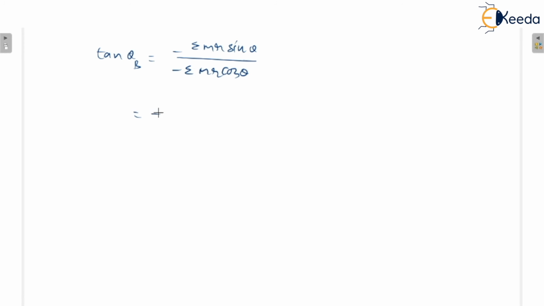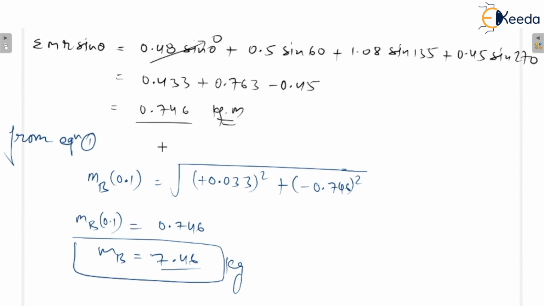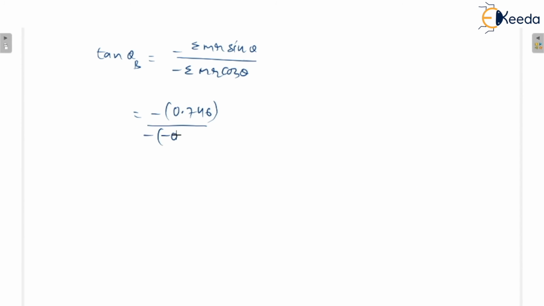Summation of mr sin theta is 0.746 upon minus, and summation of mr cos theta is minus 0.033, so it will become plus. You must do the calculations carefully. This would become plus 0.033, and we know that the numerator represents the y coordinate and the denominator represents the x coordinate.